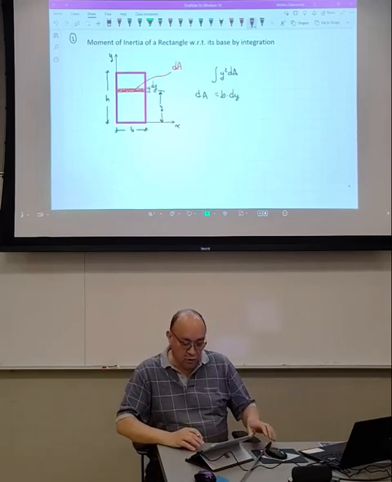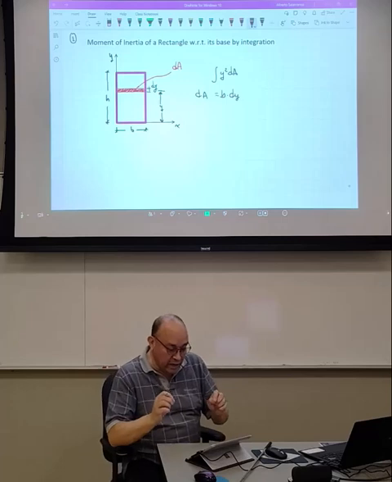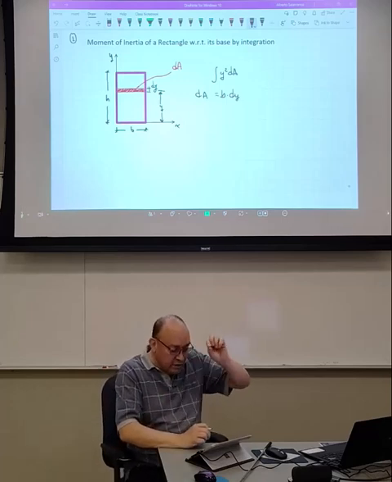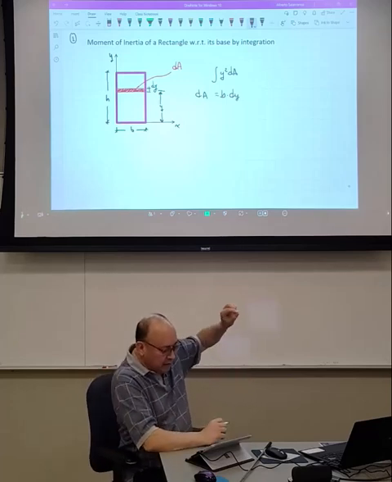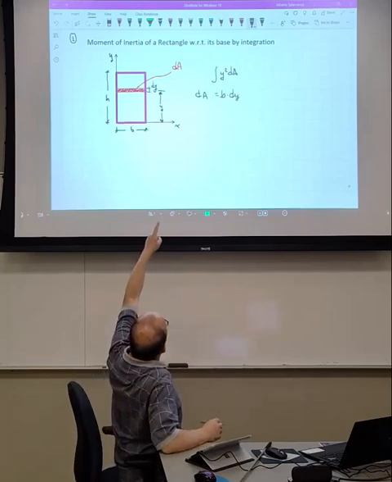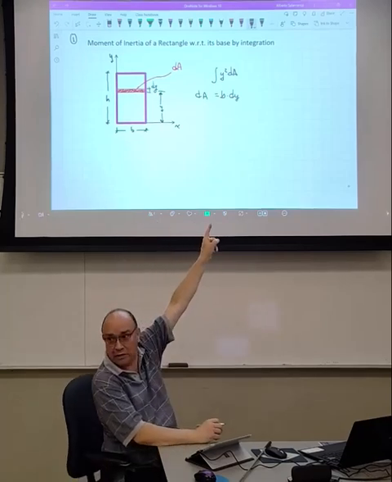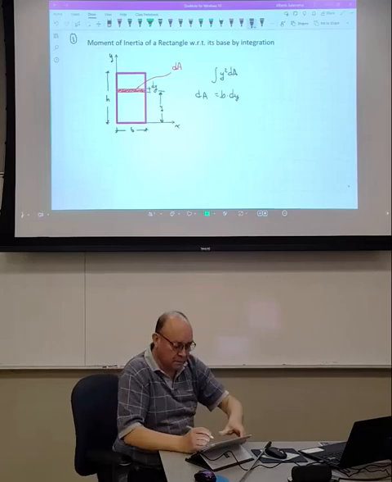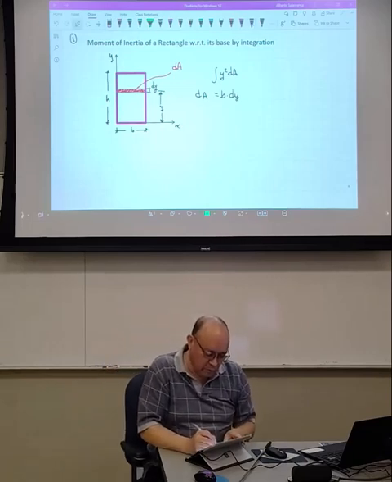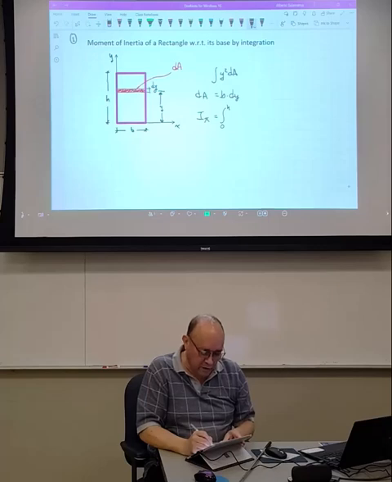Okay, so we're going to calculate y squared dA for all the tiny rectangles in that rectangle as I change y from 0 to h. So the moment of inertia with respect to x will be equal to the integral from 0 to h of y squared dA.